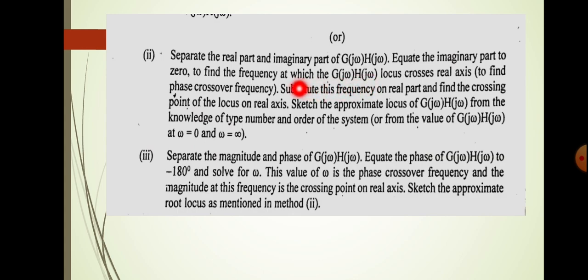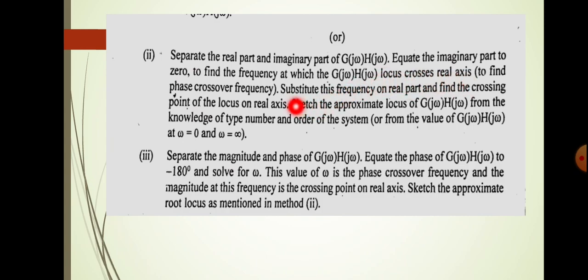So that frequency, that omega, represents the phase crossover frequency. That means at that point the Nyquist locus, or Nyquist plot, in the G(s)H(s) plane will cross the real axis.